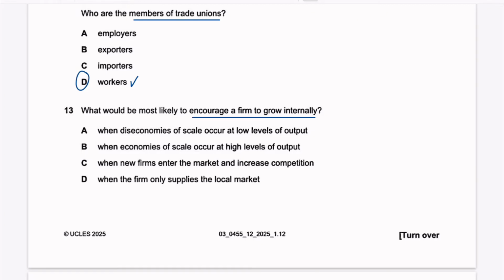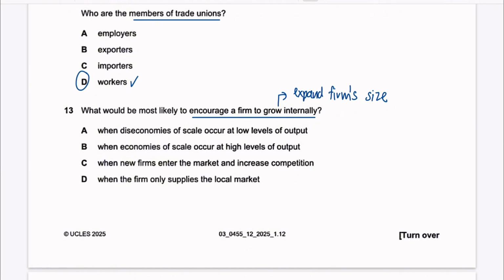First, we need to know what is growing internally. This means that it is expanding the firm size. Okay, so there are several ways that a firm can increase its size. For example, they invest in more capital and technology. Or second, they develop new products so that they will increase their revenue.